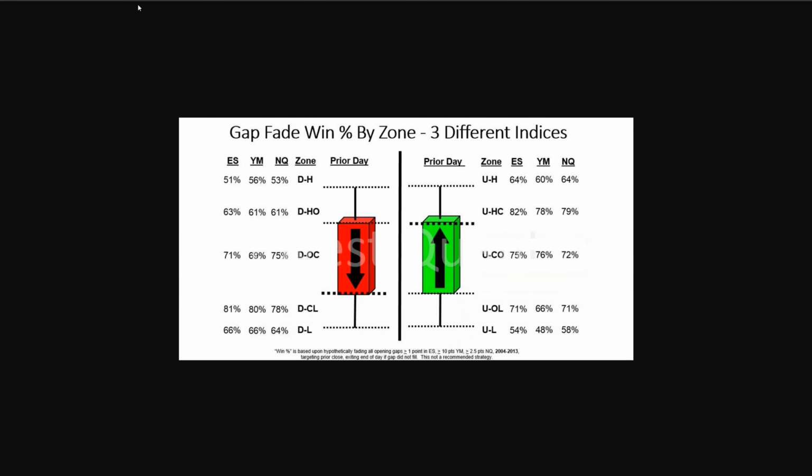Inside of this probability distribution, it's showing 10 different zones of gaps. So yesterday's candle, we go to the right side because yesterday's candle was a green candle, and because the close was greater than the open for the session window of 9:30 in the morning to 16:15.